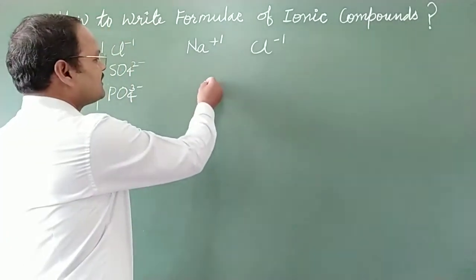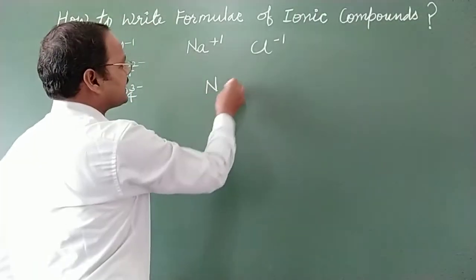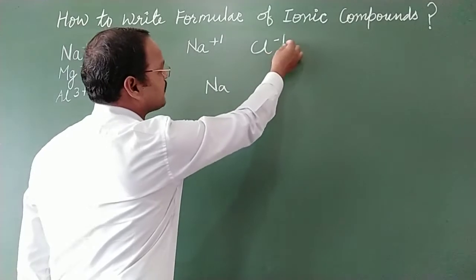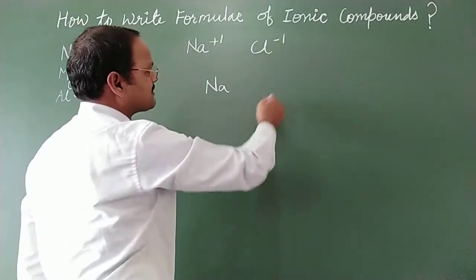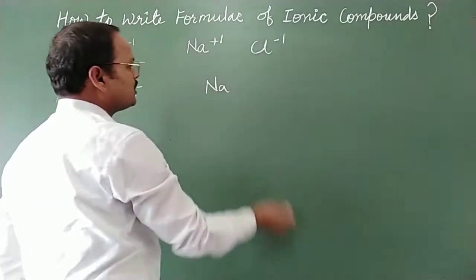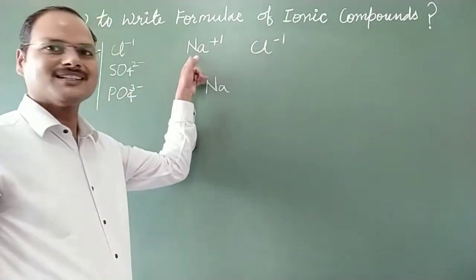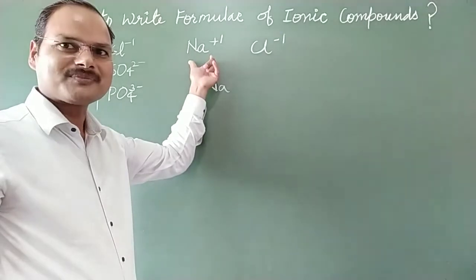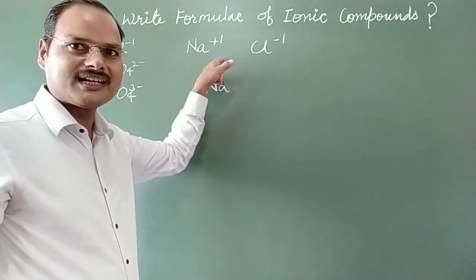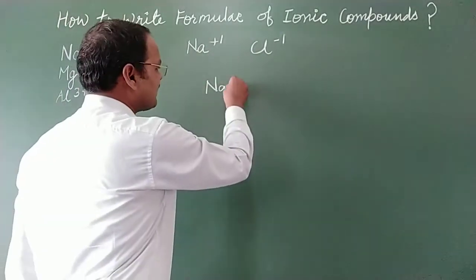So see here, we can write Na. Do not carry the negative charge, carry this one value towards this positive ion, and this value should be written towards the right side of this atom as a subscript at the bottom. So we can write here Na1.